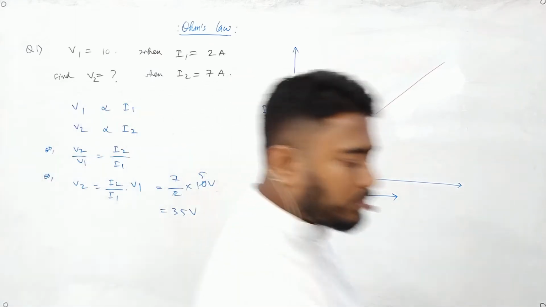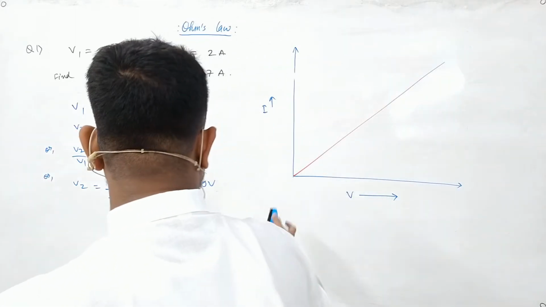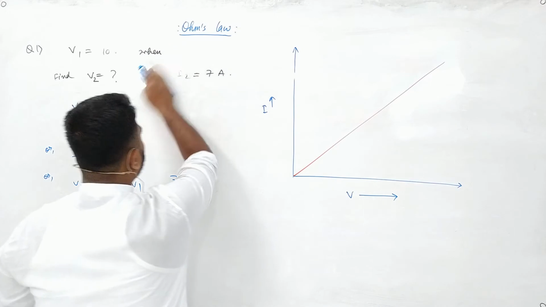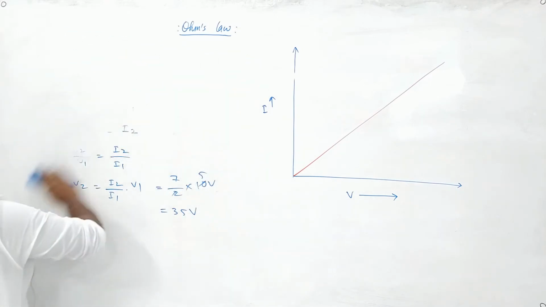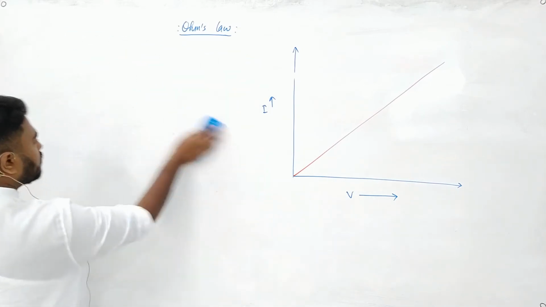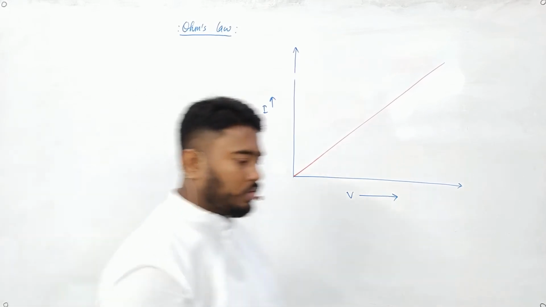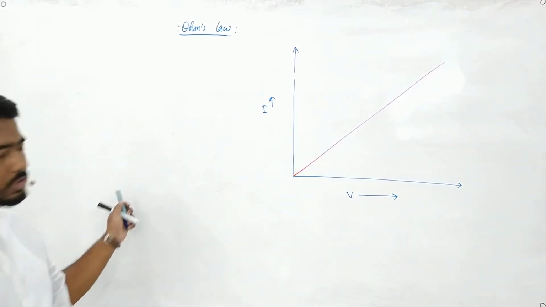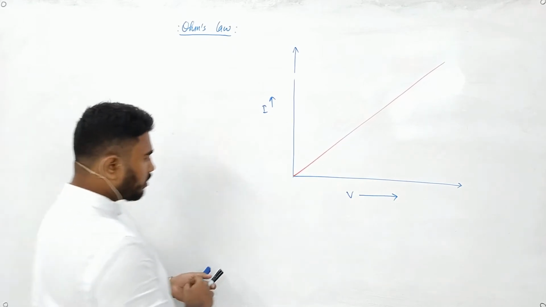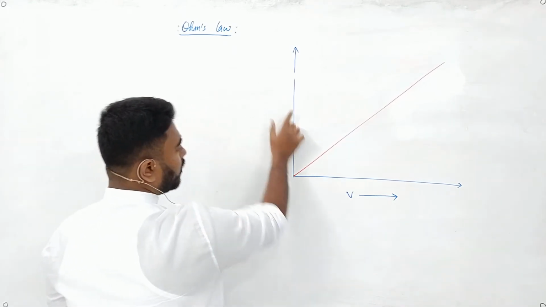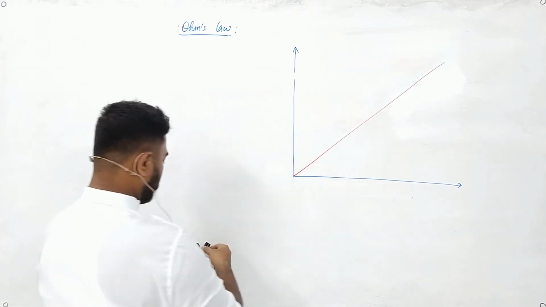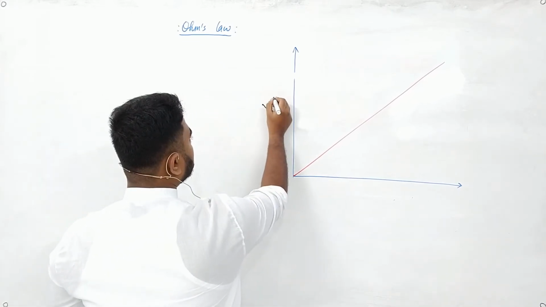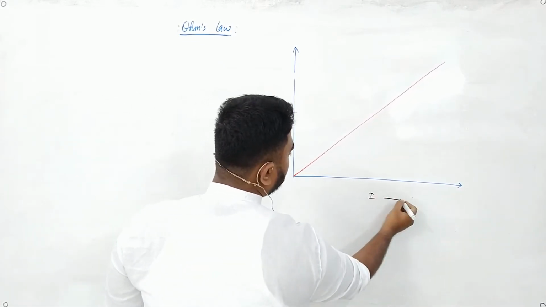Now starting from here, we will move on to the next topic. Now we found out one thing. Just in the example above, suppose I mark this one as voltage and this one as current.